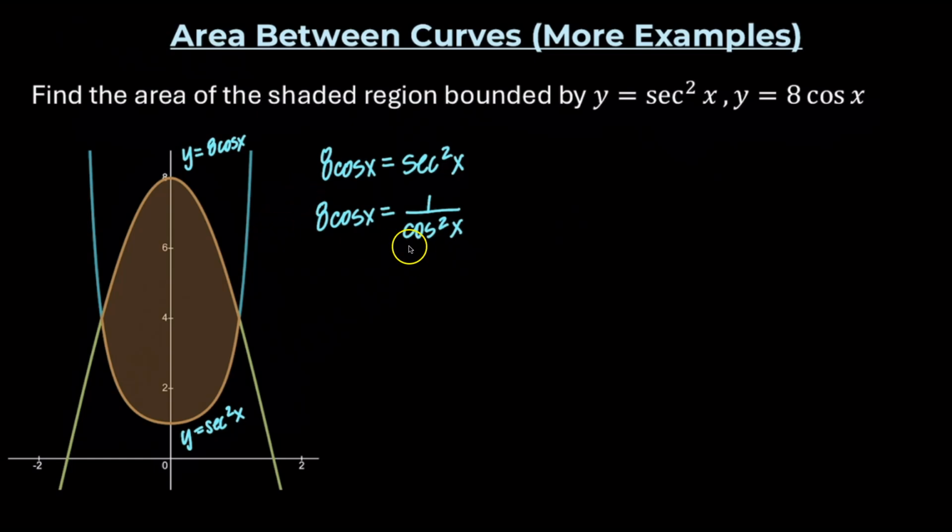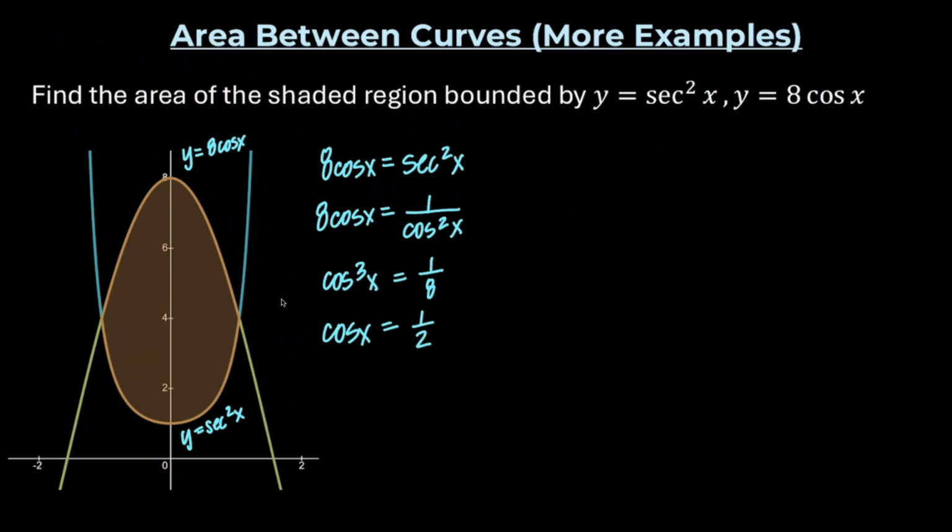Then we'll multiply by cosine squared x and divide by 8 at the same time. So I end up with cosine cubed x is equal to 1 over 8. To get cosine x by itself, I will take the cube root of both sides, and that leaves me with cosine x is equal to 1/2.